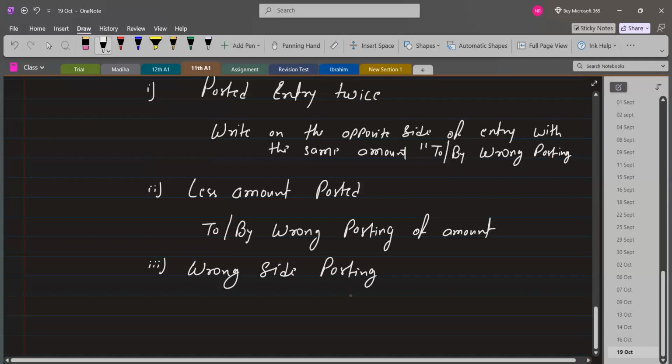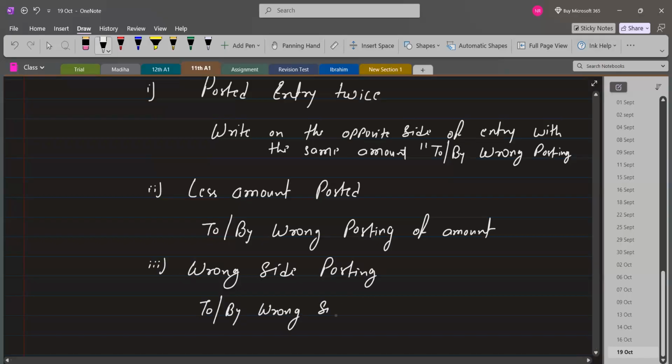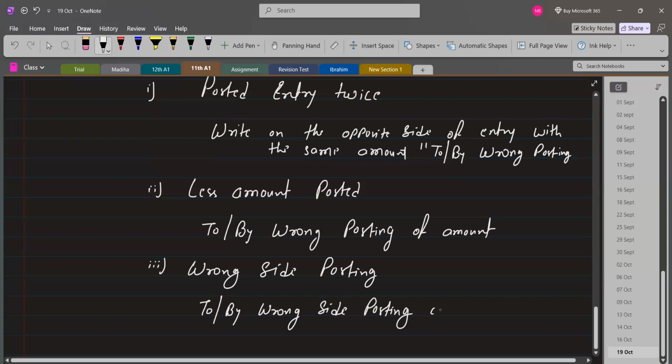So it will be corrected by writing this: to or by wrong side posting, on the opposite side of the first entry, opposite side of the first entry with double amount.